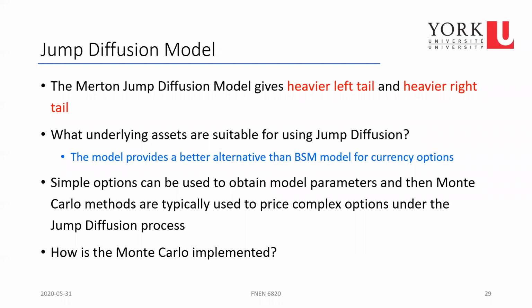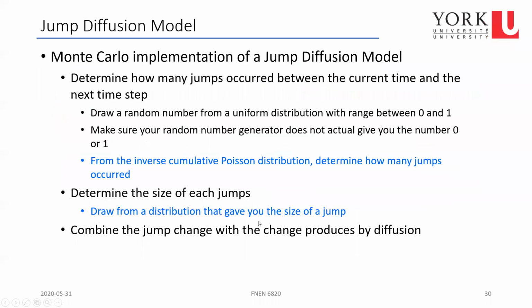So let's take a look at how a more complex option can be calculated if we have the required parameters backed out from those quasi closed form solutions. Now to implement a Monte Carlo simulation using the jump diffusion process, you will first create a change based on the diffusion process, which is the usual way that we have described before.